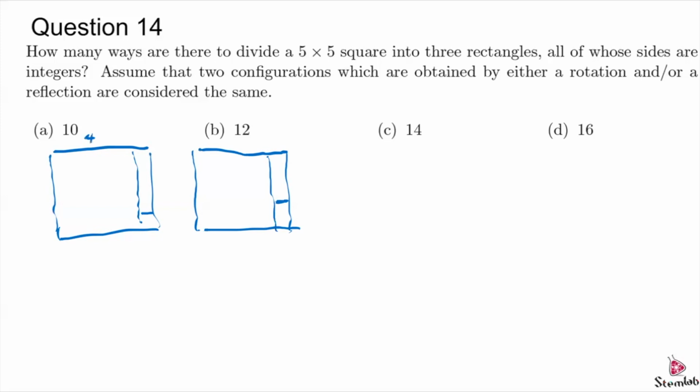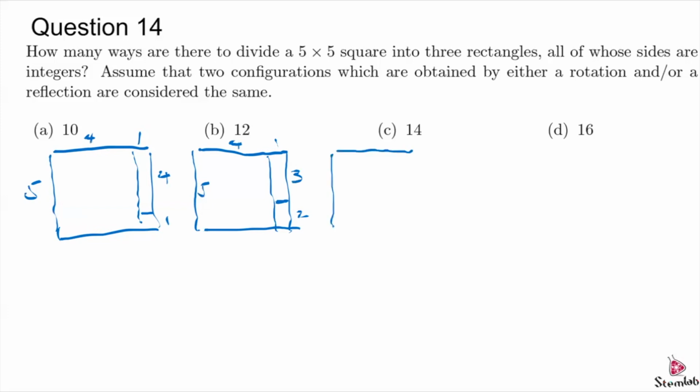This is 4, 5, 1, 4, 1. And this is 5, 4, 1, 3, 2. Because the rest of the 4 by 5s are just reflections and rotations of these two shapes. So we proceed to a 5 by 3.